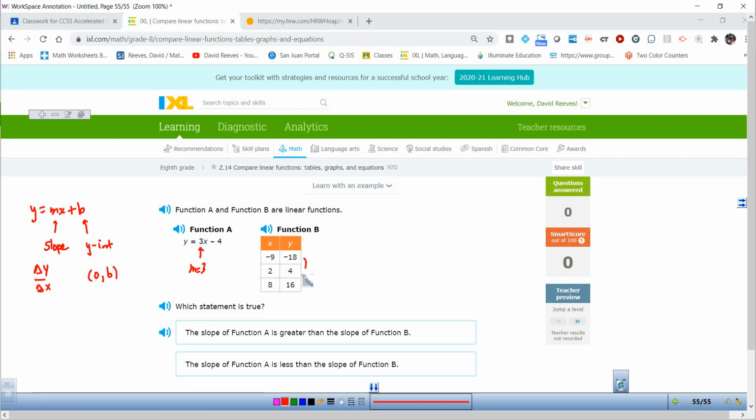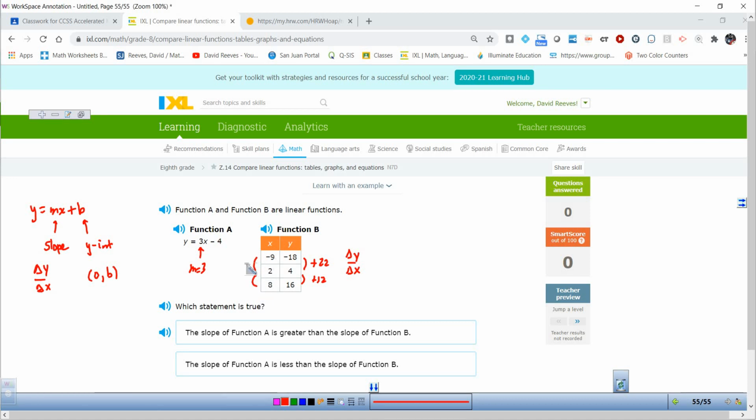From a table, we're going to have to find the change in y over the change in x. Well, if I go from negative 18 to 4, that is an increase of 22, right? And if I go from 4 to 16, that is an increase of 12. Those didn't change by the same amount, but neither did these.